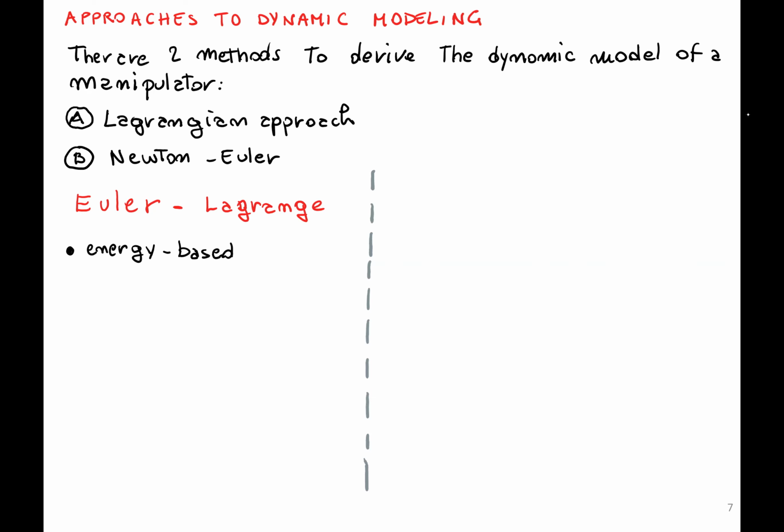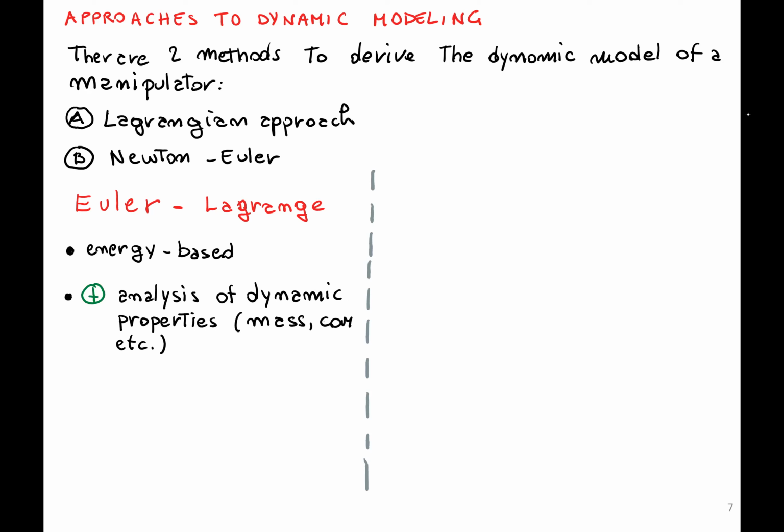The energy-based models from the Lagrange approach are written in symbolic form, while the other one needs some iteration and is numerical. You can study the properties of a dynamical system with the Euler-Lagrange model, because you can directly manipulate the masses and center masses and draw some conclusions from them.